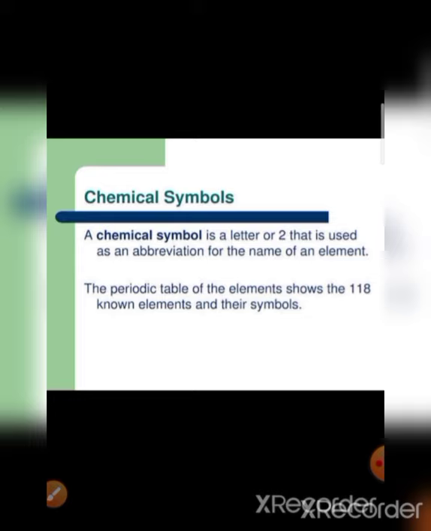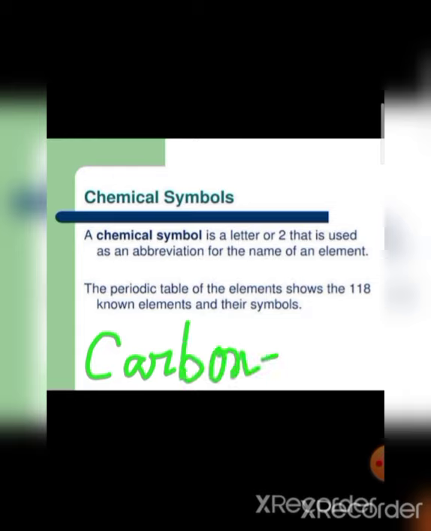If N is written and it is asked what element this is, you know that N represents nitrogen. Likewise C represents carbon. The first letter of the element has been taken. Just like carbon, the first letter C is taken.